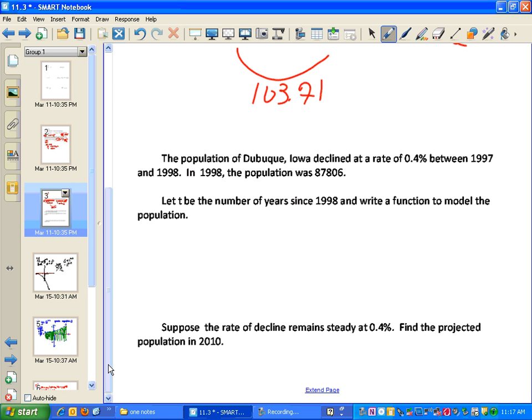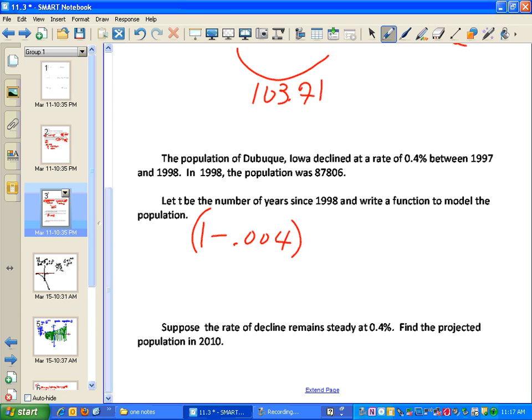If it's a decay, I need to do this as a decay model. This doesn't say continuous, but it is declining. So to me, that's 1 minus 0.004, which becomes my rate. Wouldn't you agree?